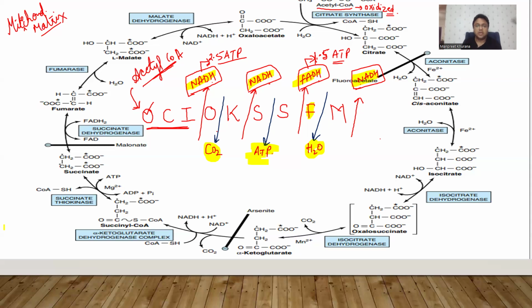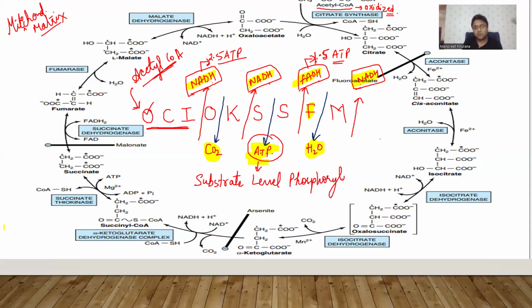Now here, if you see, this is CO2 and here it is H2O. But here there is one ATP formed directly at the level of substrate. Now this type of ATP formation is known as substrate level phosphorylation.